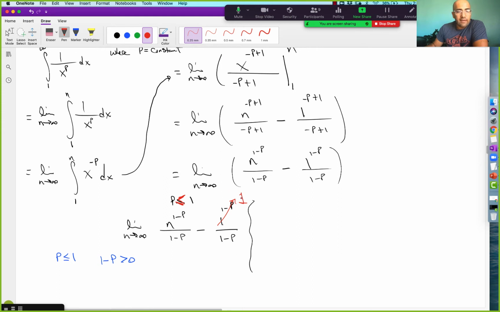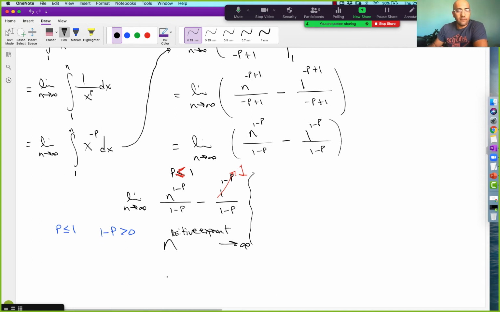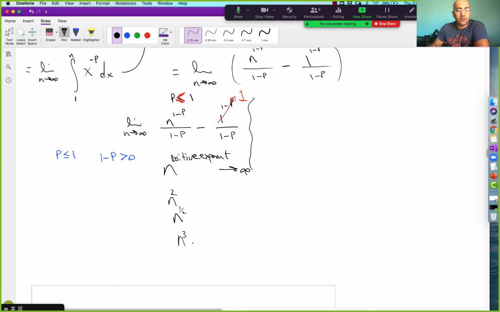So this doesn't really have a huge impact on my final output. But this guy is the thing that dominates what's going to happen with my result. And n to the power of some small positive exponent is going to shoot off to infinity. Think of n squared, or n to the 1/2 power, or n cubed.